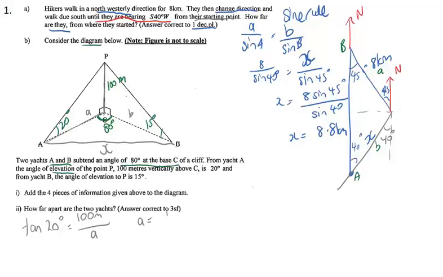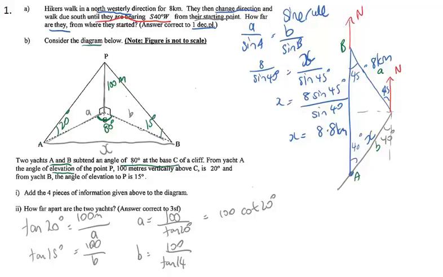A is equal to 100 on tan of 20 degrees, or we could write it as 100 cot 20 degrees. Exactly the same for our length B here. Tan 15 degrees is our opposite, 100 over our B. Rearrange. B is 100 on tan of 15 degrees, or 100 cot 15 degrees.